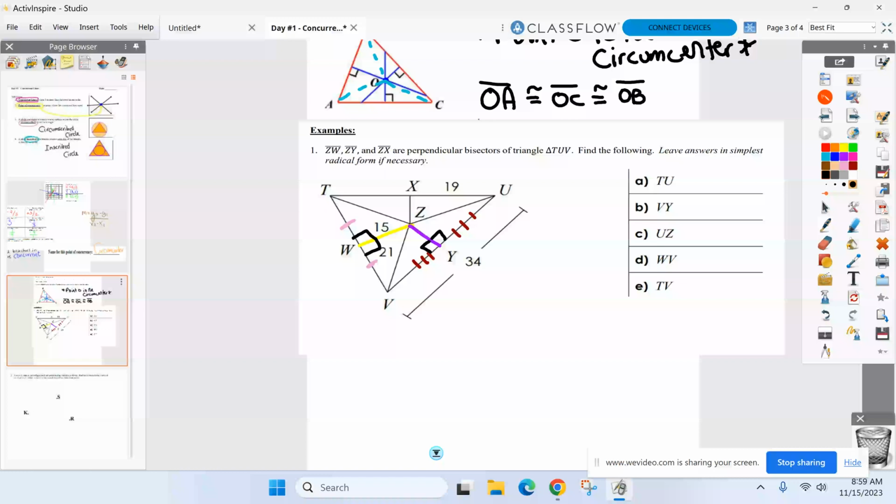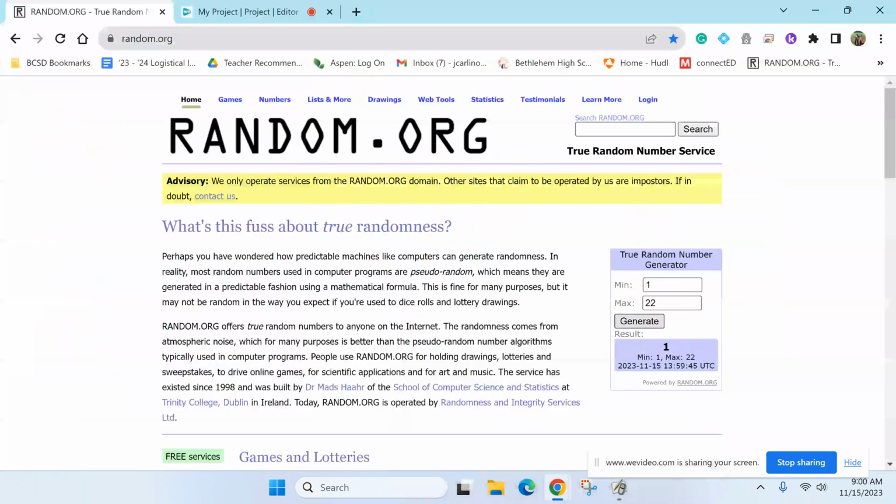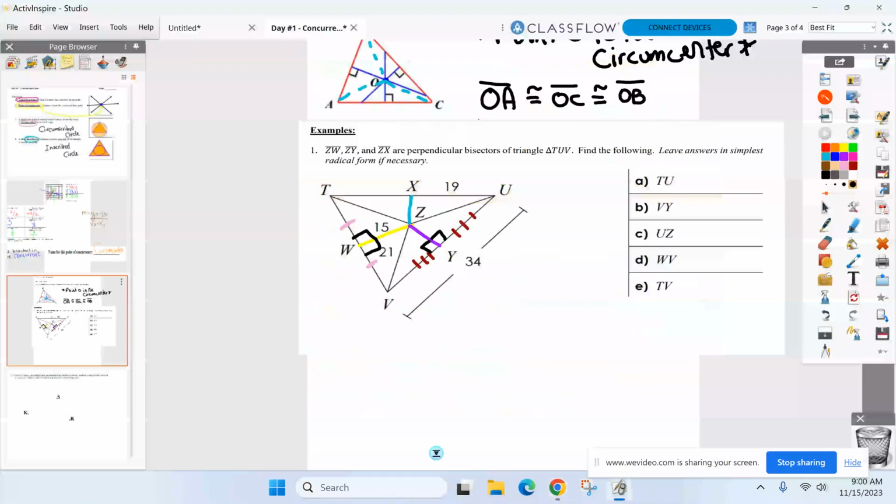One more color. ZX is a perpendicular bisector. Make sure we highlight ZX, and tell me what markings you're putting on there. Henry, markings? TX and UX are congruent.